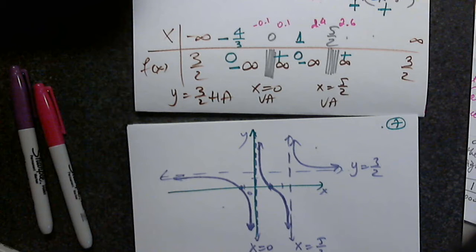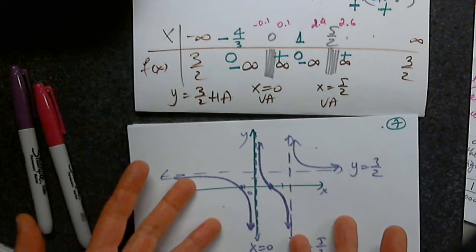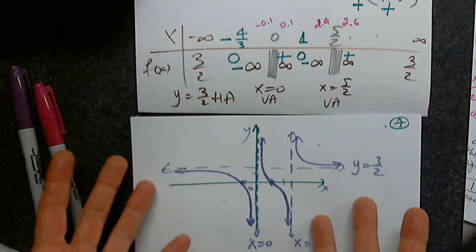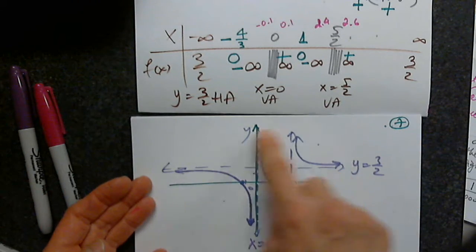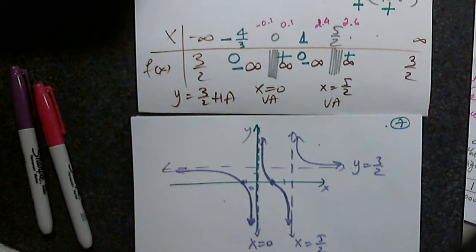Now, I know where the action is, and I can use the standard viewing window, because I know what happens in there, right? I have the graph. There is no way the graph will look differently. So -10, 10, -10, 10 is good enough. So I'm going to go to Zoom and choose 6.